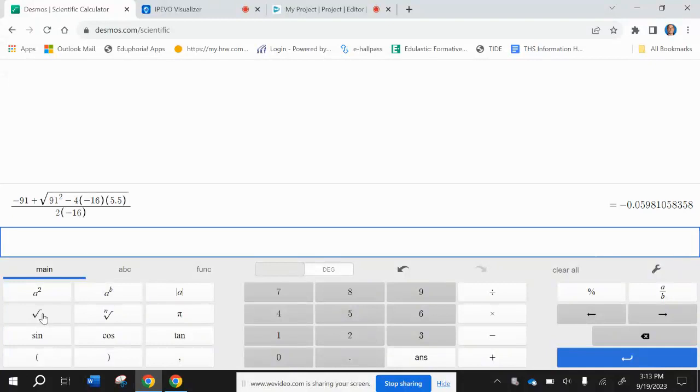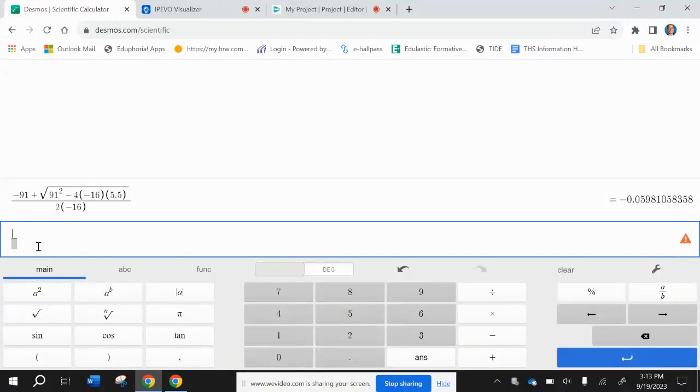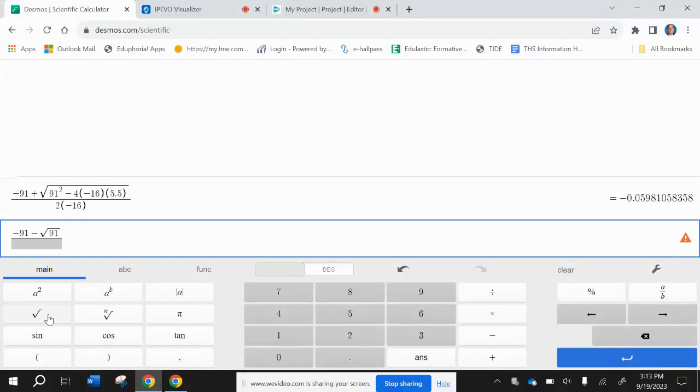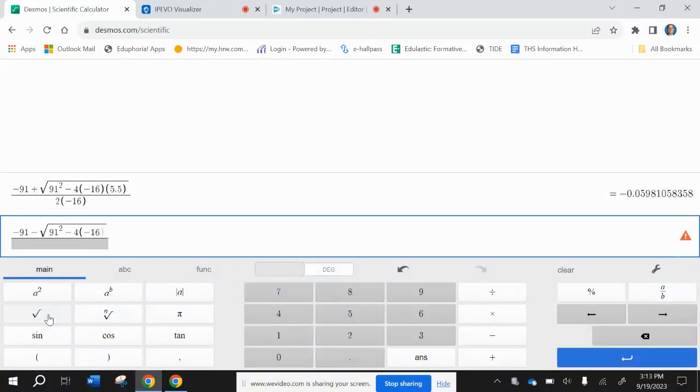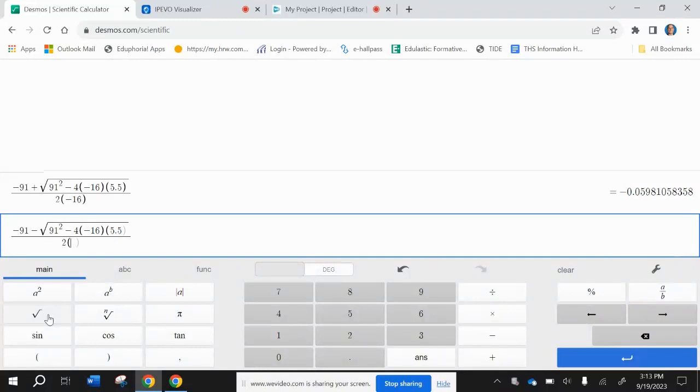Now let's do the same thing, but with minus: negative 91 minus square root of 91 squared minus 4 times negative 16 times 5.5, divided by 2 times negative 16. So x equals negative 0.06 and x equals 5.75.